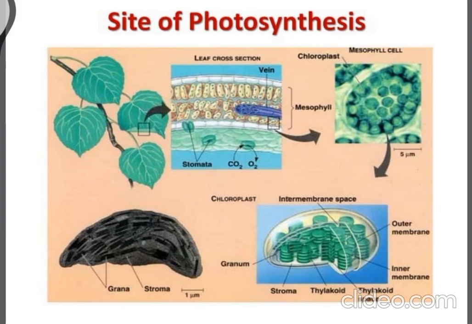This is the structure of the site of photosynthesis. In this leaf cross section, cells, grana, stroma and others.